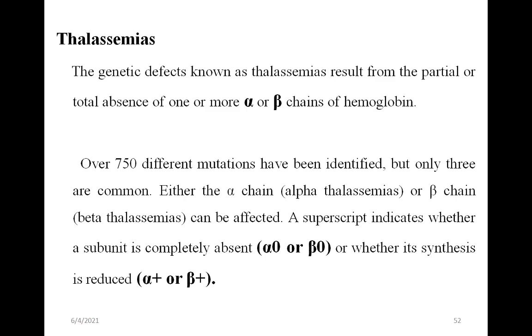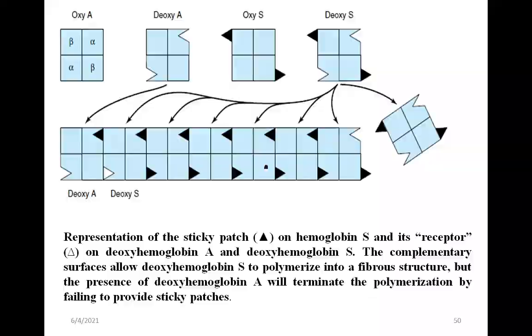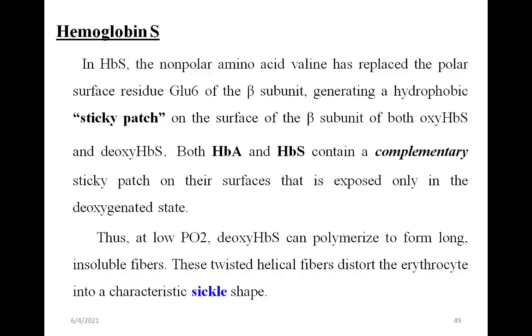Here in hemoglobin M and hemoglobin S, the quantity of production of the alpha chain and beta chain is quite normal. But there is synthesis of the abnormal beta chain, or abnormal heme molecule in case of hemoglobin M. Otherwise, quantity is okay.